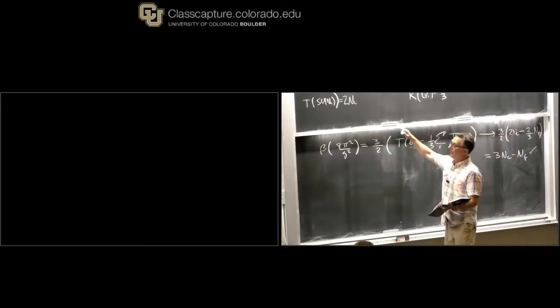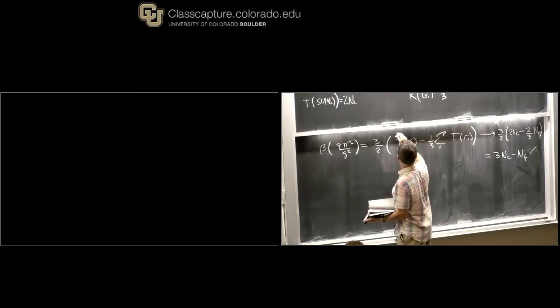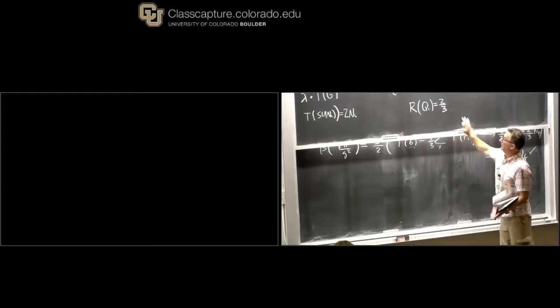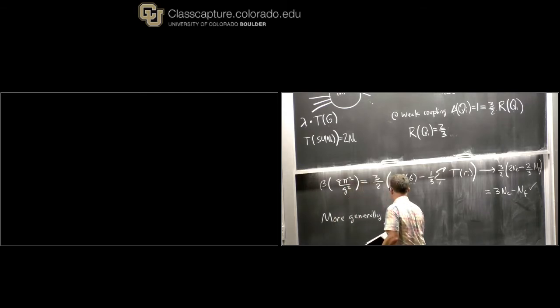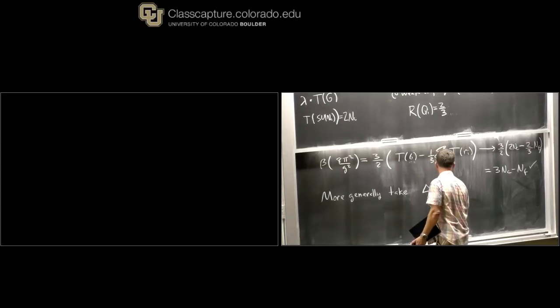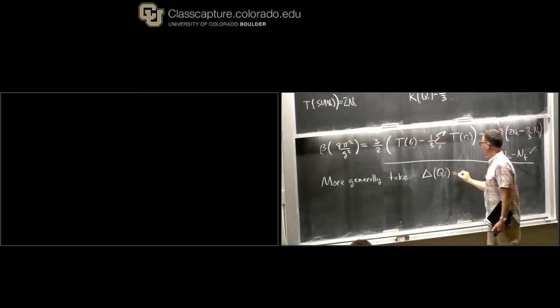Now we could try to do the same thing also for general coupling. And so what we could do now is we could say, suppose that we didn't assign this R charge of 2/3, but let's just say more generally, we can take the dimension of Qi to be 1 plus 1/2 times the anomalous dimension.